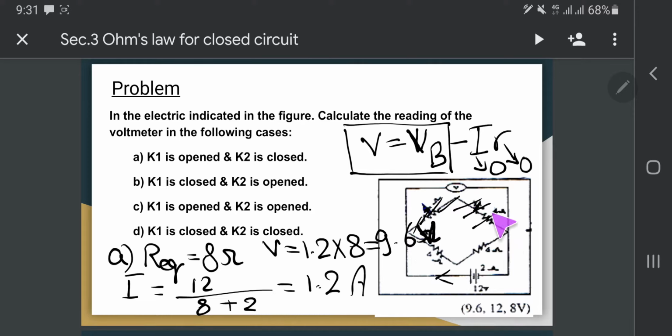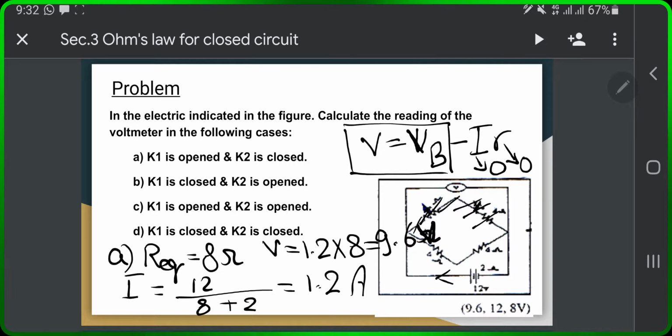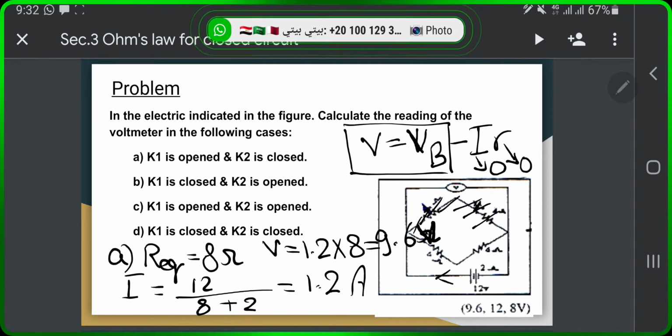So 4 plus 4 in series equals 8 equivalent, and the same current, because the equivalent resistance is the same as in case A, and VB is the same as in A. So V equals IR, the same I and the same R, equal 9.6 volt. So A and B give the same answer.